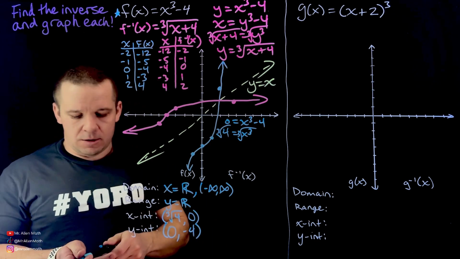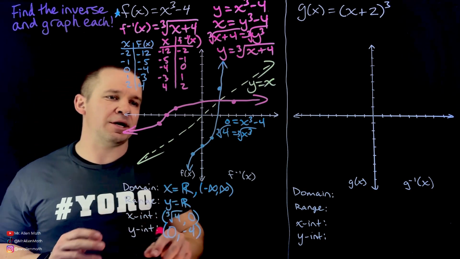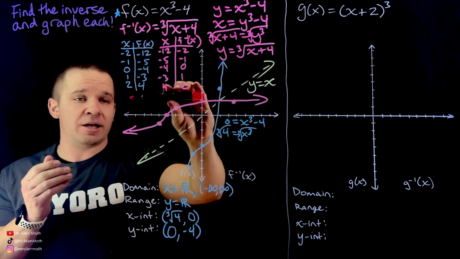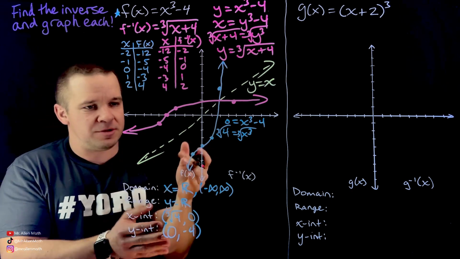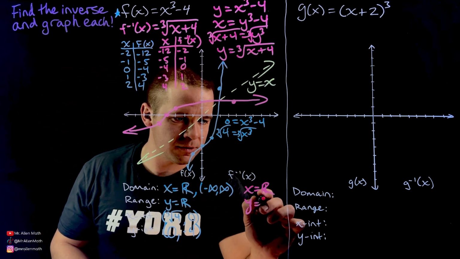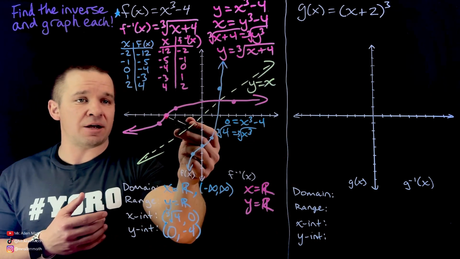Okay. Now, for our inverse. The inverse here, the domain never stops going left or right. Range never stops going up or down. It's going to be the same here because, right, they do switch, but they're the same, so it's going to stay the same. X equals all reals. Y equals all reals. My x-intercept here is negative 4, comma, 0.